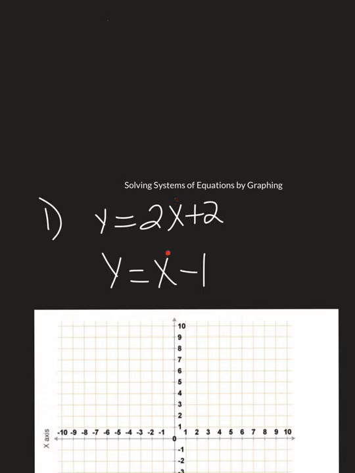So the x and y we find, when we plug them back into our equation, both of these equations have to be true.